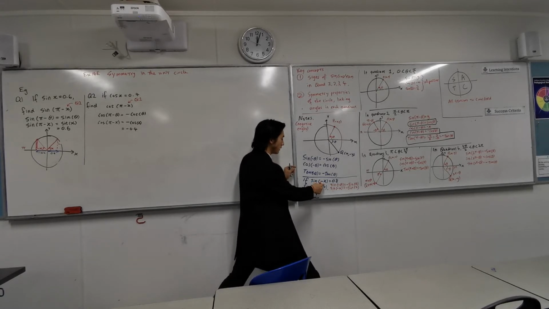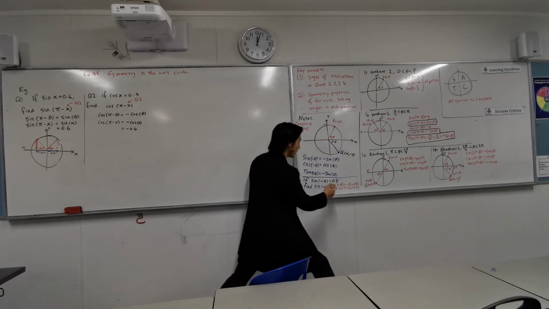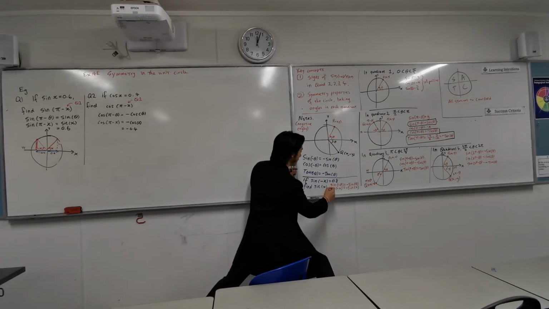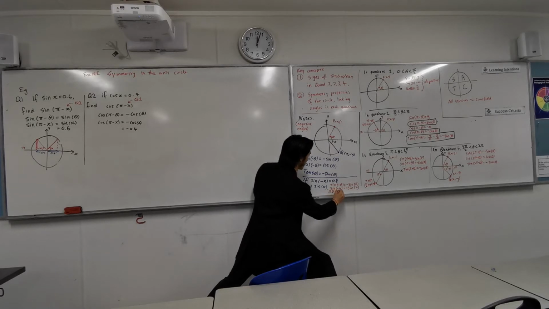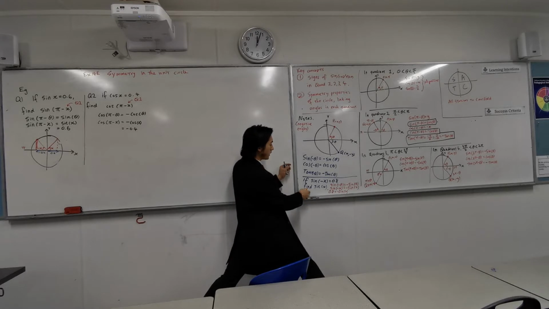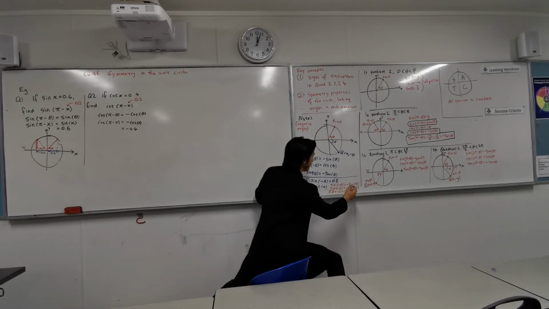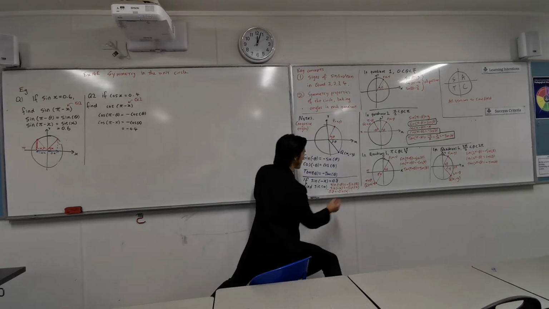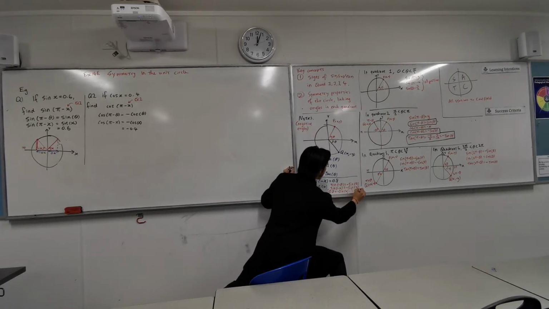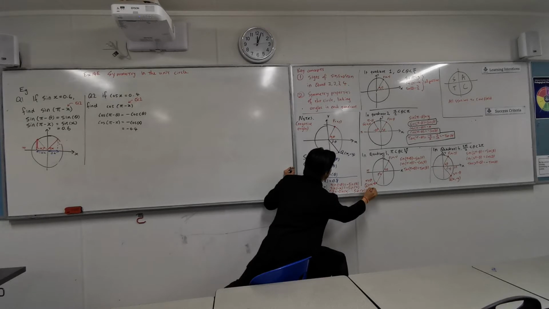And our particular value of sine of negative x was 0.8. So we substitute into the left side, 0.8 is equal to negative sine of x. And then to find our value of sine x, we just bring the negative to the other side. So therefore, sine of x is equal to negative 0.8.